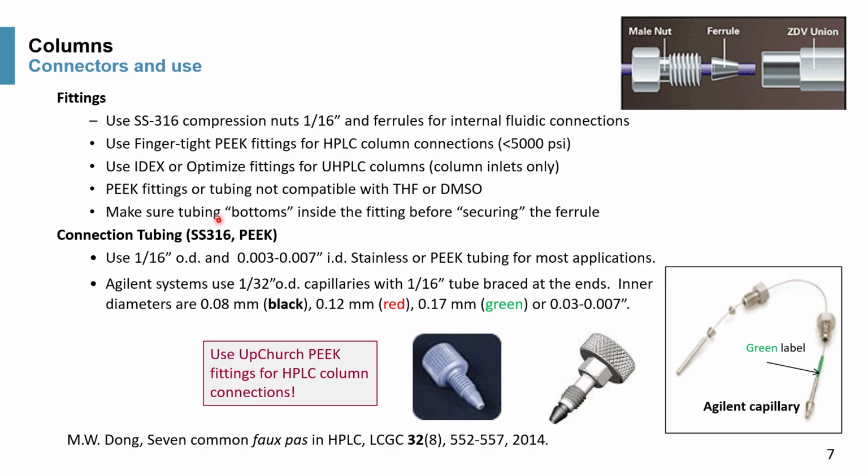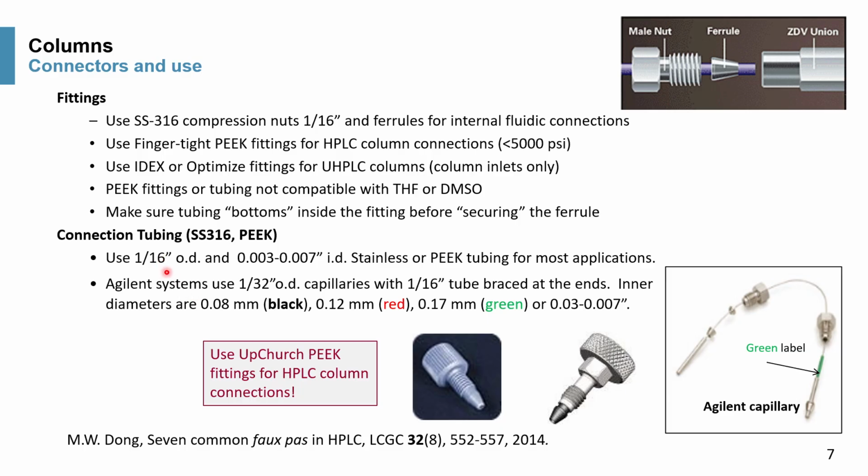So you have to use stainless steel tubing or stainless steel fittings. When you make a connection, either finger tight or a wrench connection, make sure that the tubing actually bottoms out inside the fitting before tightening the nut or finger-tightening the nut. So make sure that it's bottomed out. Otherwise, one would have a void in the fitting, and that would cause extra column band broadening. For connection tubing for HPLC, PEEK tubing is very useful and very easy to cut.